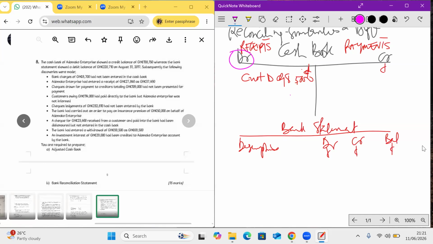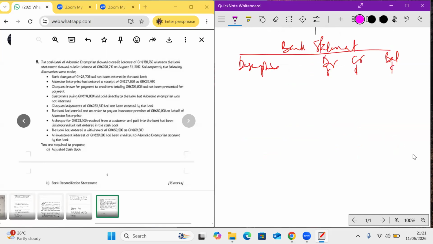We are doing double entry in accounting. The double entry principle basically says that when you debit one account, you credit the other account.